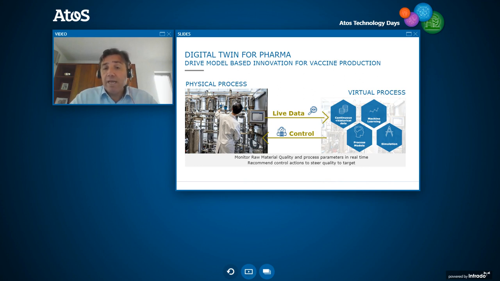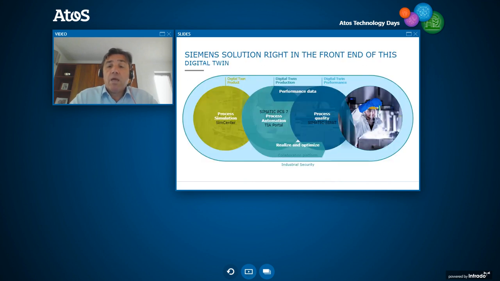And once my model is, according to my understanding, a well-performing model, I can then use it as a data science model in my process. So that is the overall concept in order to jointly work on a virtual and physical process.